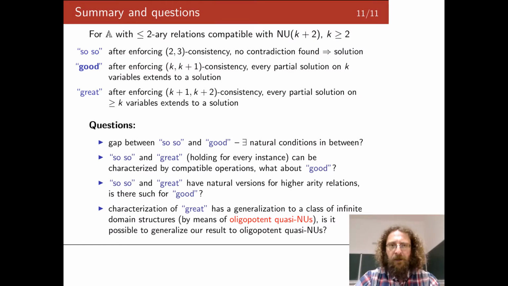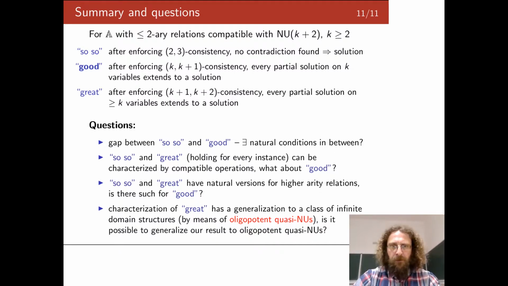To summarize, let's look at the main message of this talk from a slightly different perspective. Let A be a relational structure that has only unary and binary relations, and let's assume it's compatible with a near unanimity operation of arity k+2. Then we have the following facts. If we enforce (2,3)-consistency and we find no contradiction, then there exists a solution.